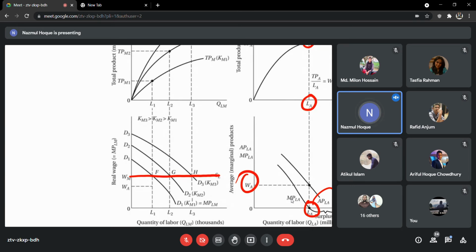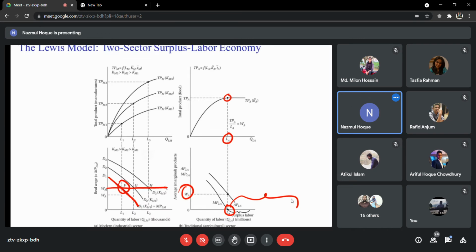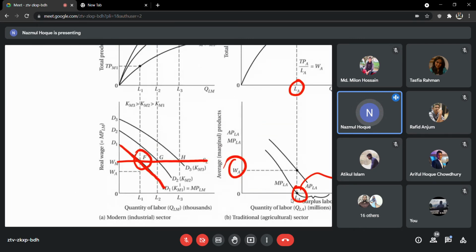So the intersection of the labor demand curve and the labor supply curve is going to determine the equilibrium level of employment in the urban sector. And as you can see, point F represents that point.